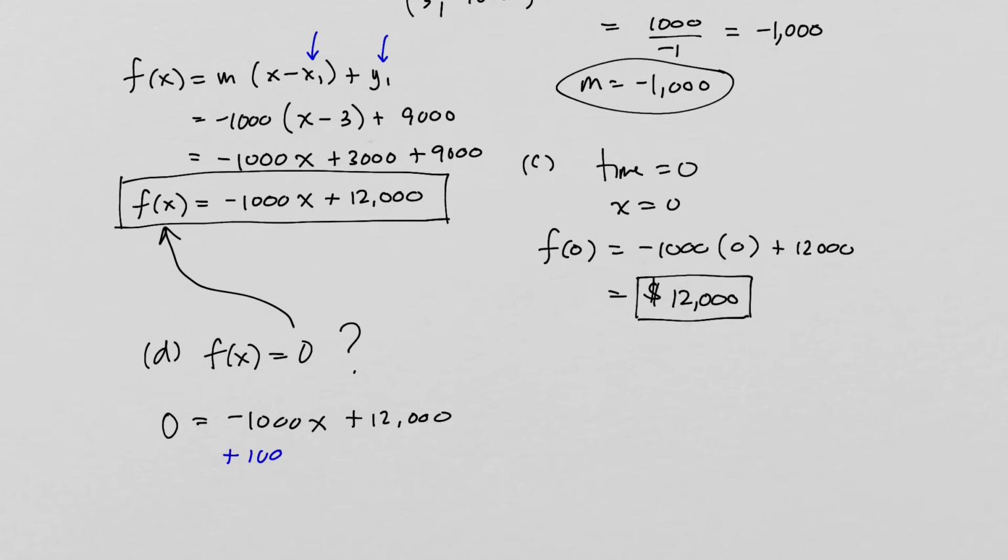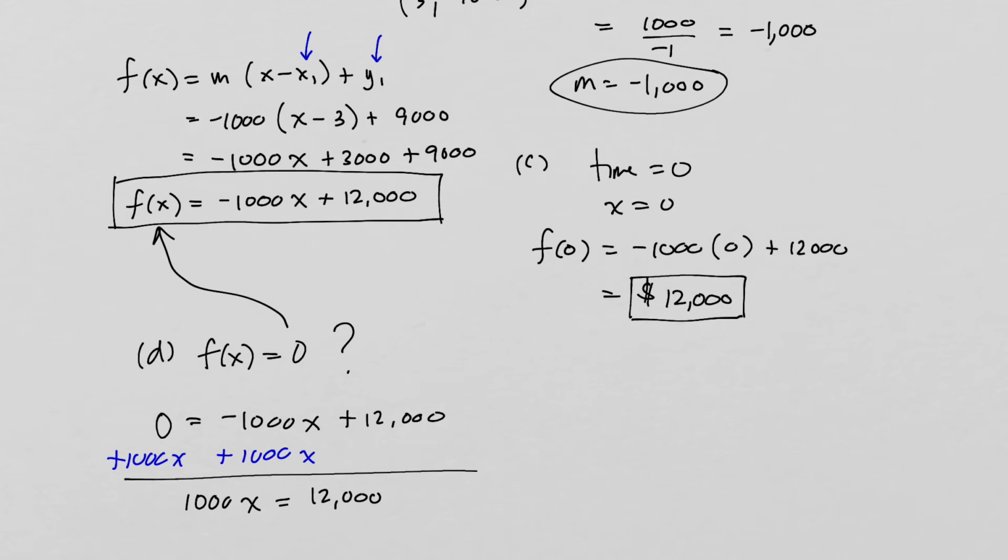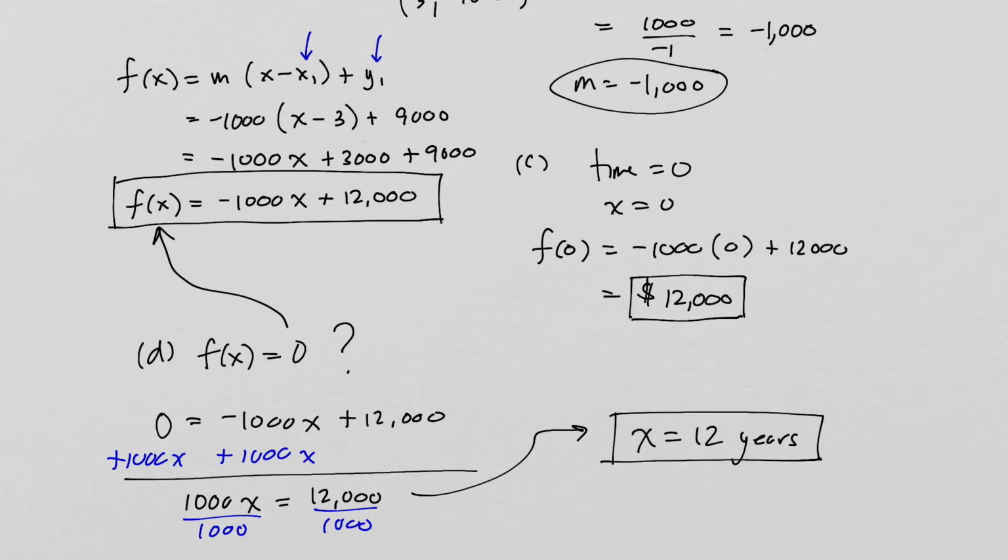So if I add 1,000x to both sides, we get 1,000x is equal to 12,000. And I can solve this by dividing both sides by 1,000. And when we do that, we get x is equal to 12. So in 12 years, the value of the printer will be 0.